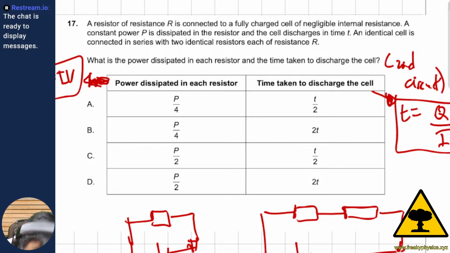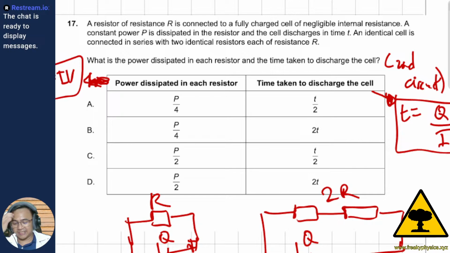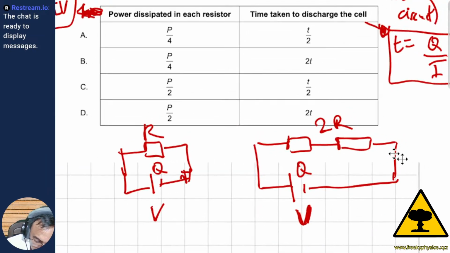In this case, the total resistance is R, with a potential difference we'll call V. This has a total resistance 2R and still the same value V. Also, the battery is going to contain a certain amount of charge Q, which would be identical in both cases.